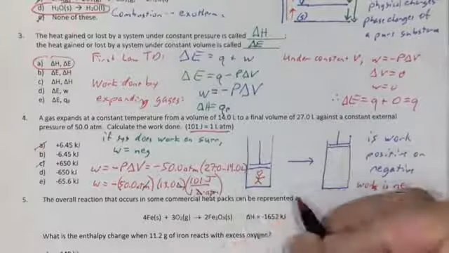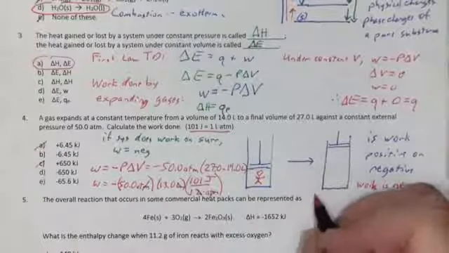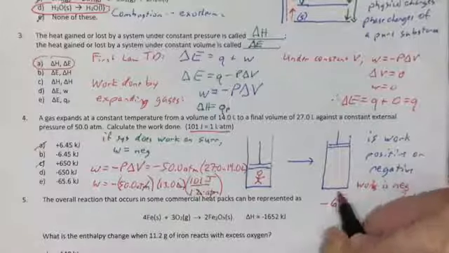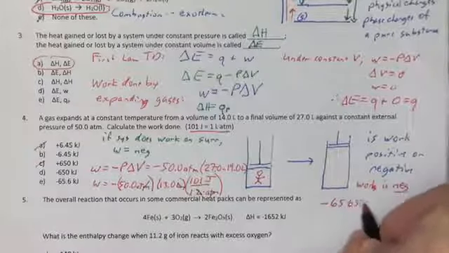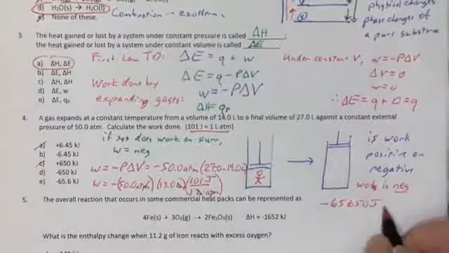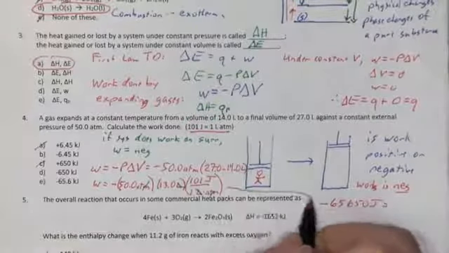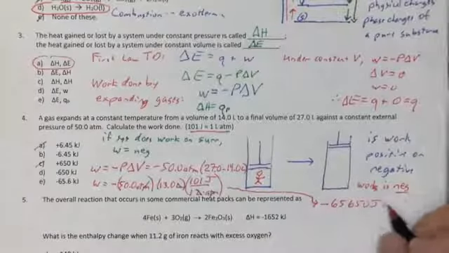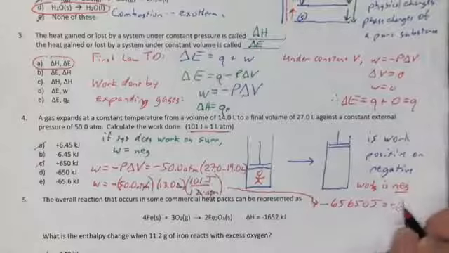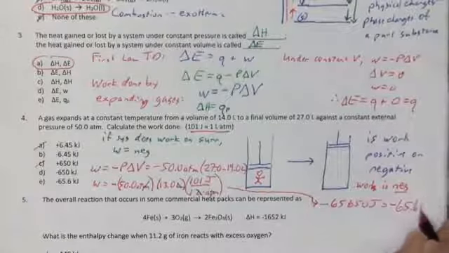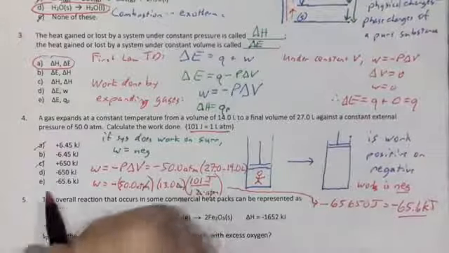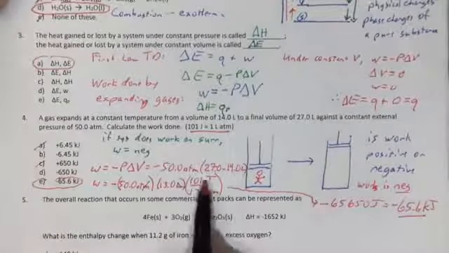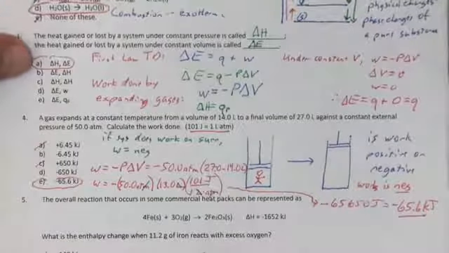And this calculates out to be negative 65,650 joules, and it's most common to represent this in kilojoules. It's an easier unit to use, and so we will round this to negative 65.6 kilojoules. So E is the correct answer. Be sure to convert liter atmospheres to joules using this conversion factor.